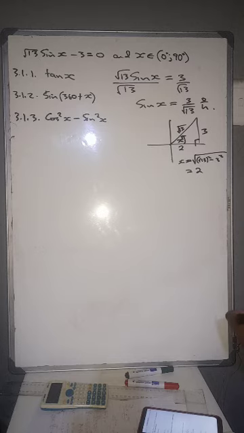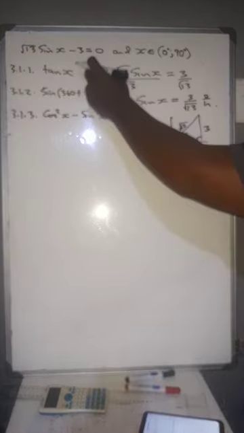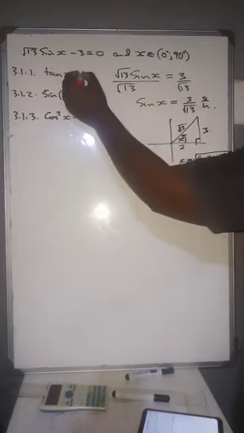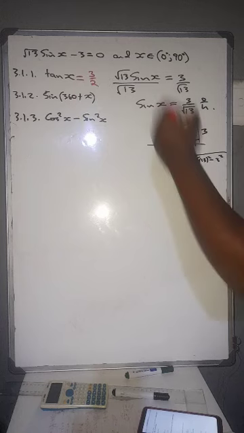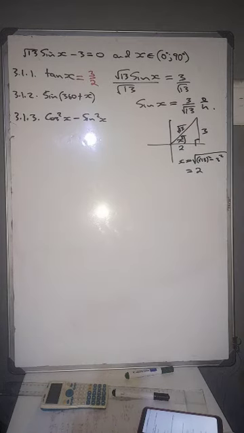That is our diagram. And then the first question is saying tan x. Tan x is opposite over adjacent, right? So we can just write it here. Tan x is opposite over adjacent. That is 3 over 2, right? That is the first one.